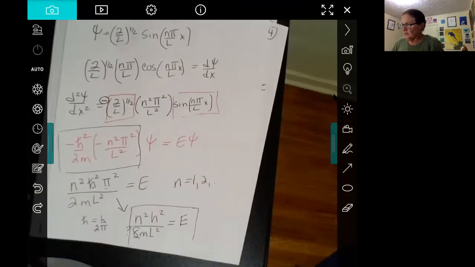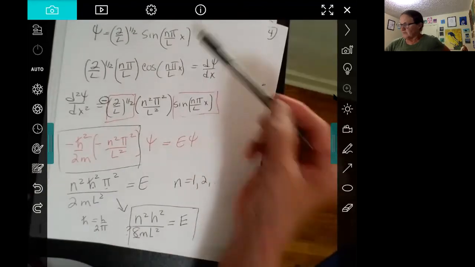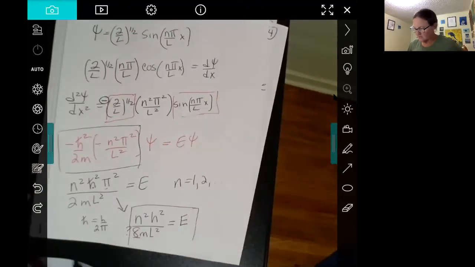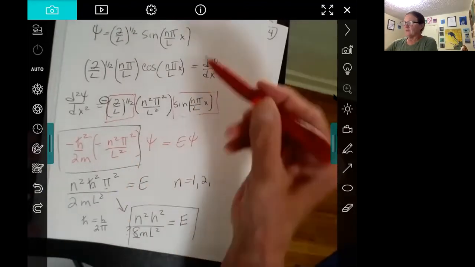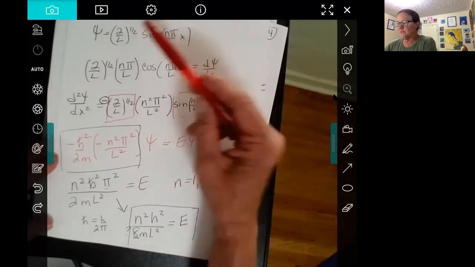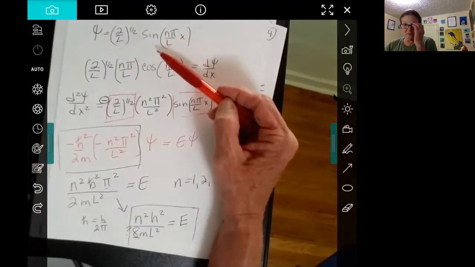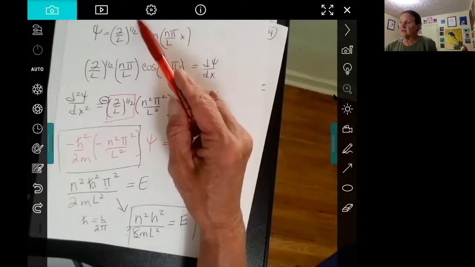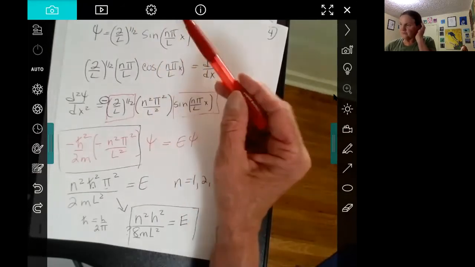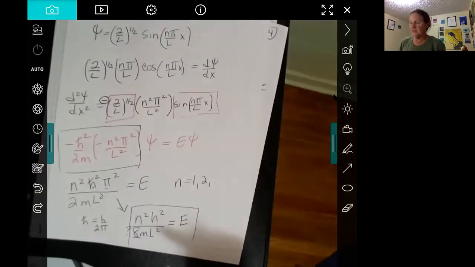So we have the wave function defined and the possible energies. The wave function was defined using the boundary conditions and the solutions to this ordinary differential equation. And because of that boundary condition at x equals L, that the function had to be 0, we ended up only being able to use certain angles in our sine function.